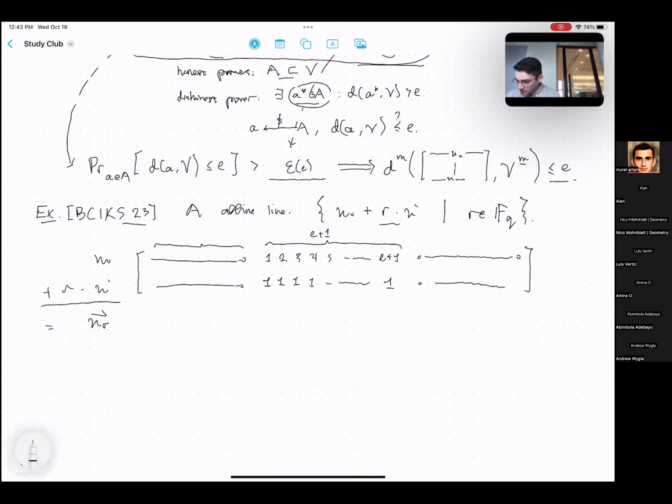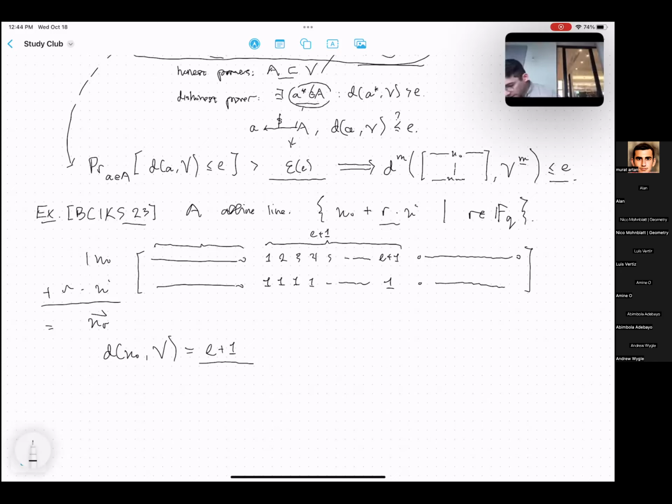Okay. Warm-up exercise. What is the distance between U0 and the code? U0 is just the top row. Ignore this whole bottom thing. I want to guess E plus 1, but I'm not clear. Yeah. Nice.